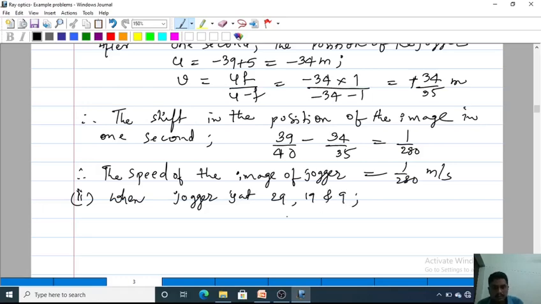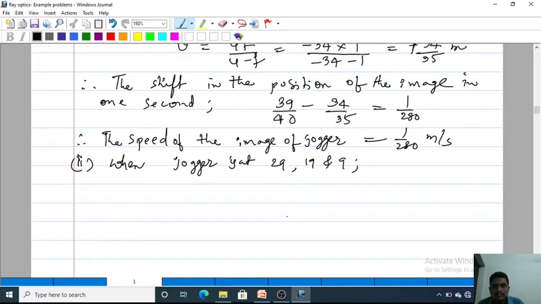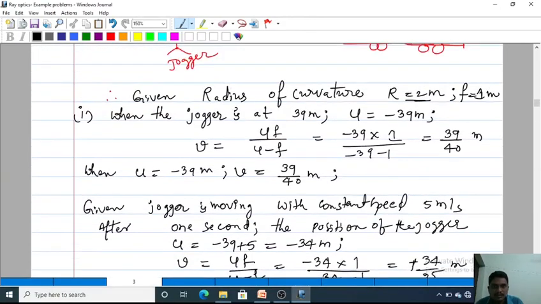If you follow the same procedure you will get the image distance. I am not solving it, I am leaving it to you. Just substitute 29 in the formula, 29 into 1 divided by 29 minus 1, and you will get the image and object distances.